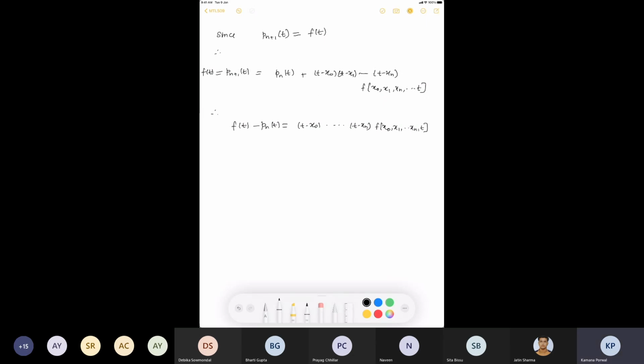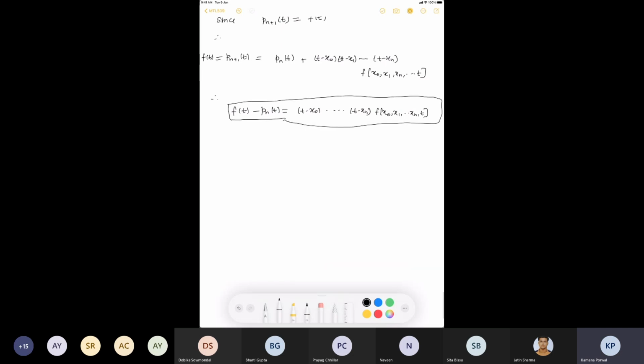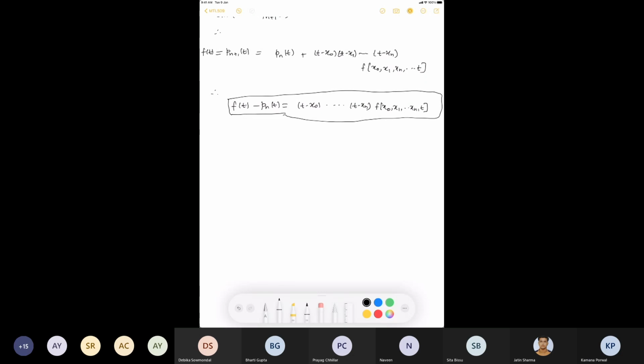And this is nothing but the interpolation error, f(t) minus p_n(t). So this is what we wanted to compute. This is another formula for the interpolation error, but one we have obtained using the divided differences. So this is the interpolation error.